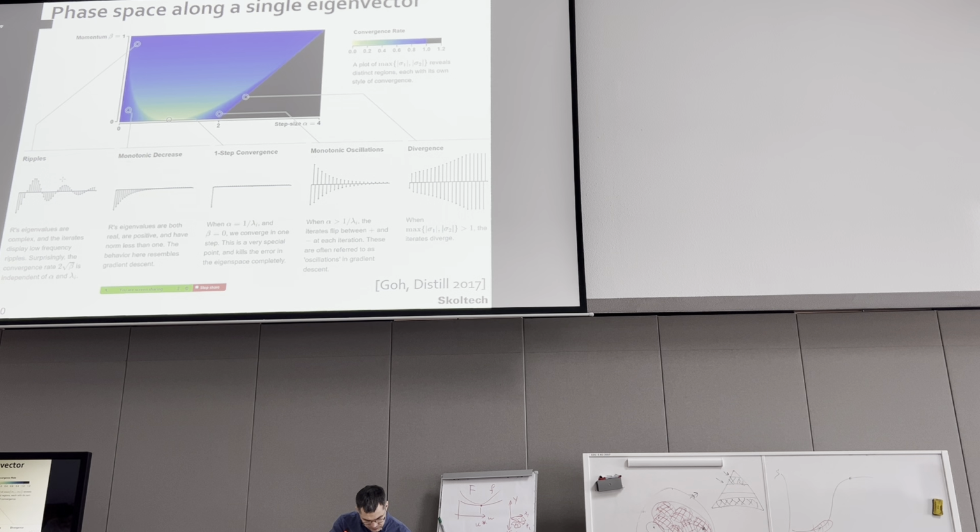We also have alpha here between 0 and 4, and we see the convergence ratio for a typical optimization problem, depending on the values of beta and alpha.